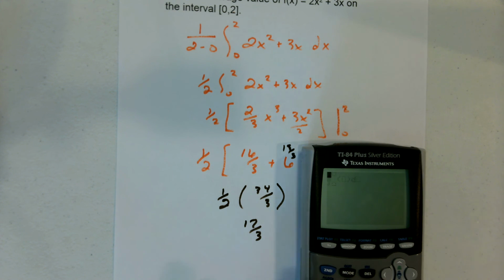Before we do that, I'm going to type in my 1/2. So I have 1 divided by 2, then times math 9. So I have a half of the integration from 0 to 2 of my function, 2x squared plus 3x dx. Enter. And we end up with, hey, look at that, 5 2/3, which is 17/3.